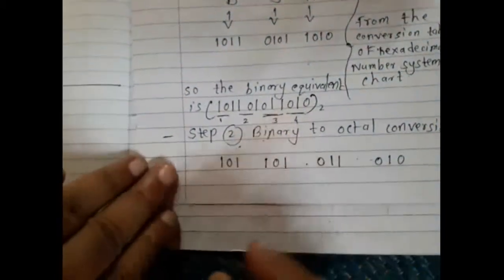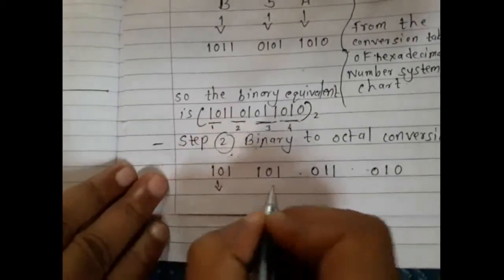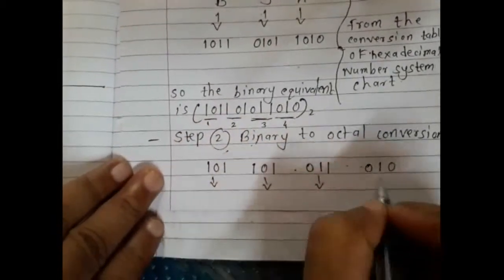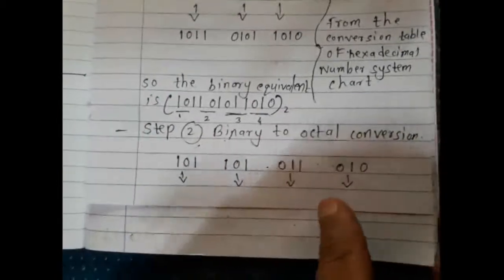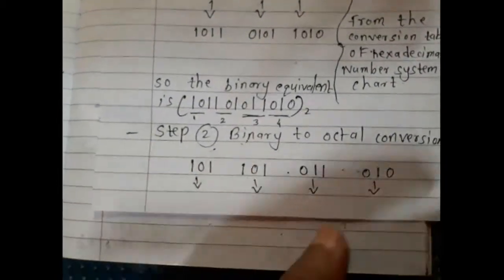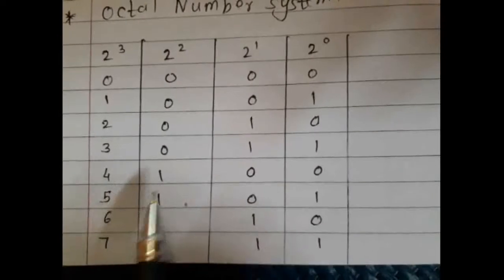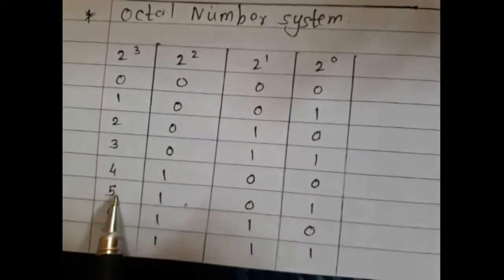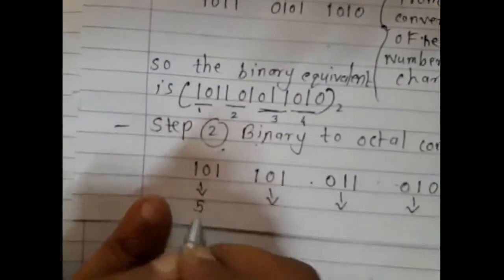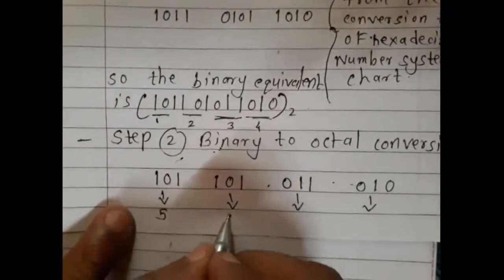Now see here, we will find in which group these values are there. 101, this is in octal number system, 101 is in the fifth group, so write here 5. Another 101 is also in the fifth group.